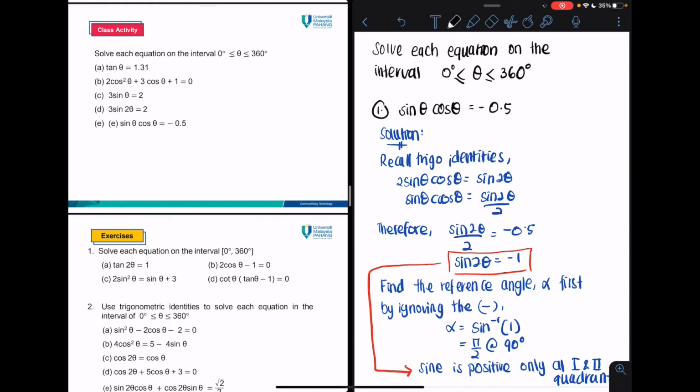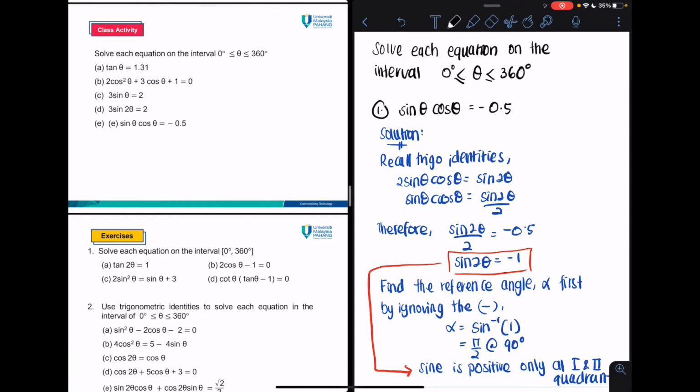When you try to determine the value for theta, let's try this approach, such as determine the reference angle first. The reference angle can be determined by ignoring the negative sign first. The reference angle for this question is as simple as sine inverse 1.